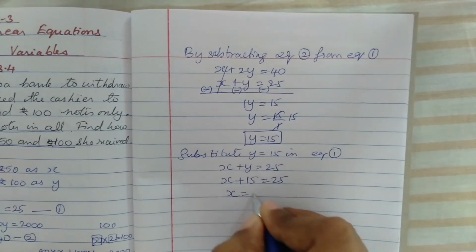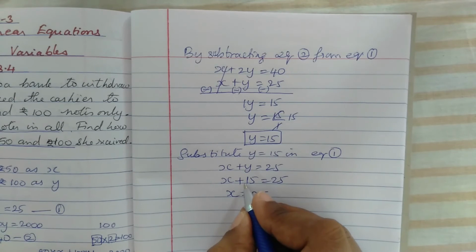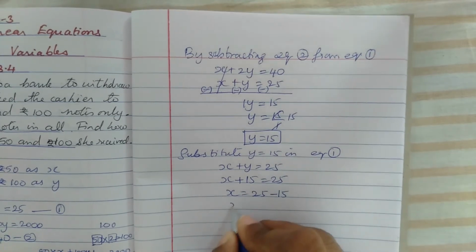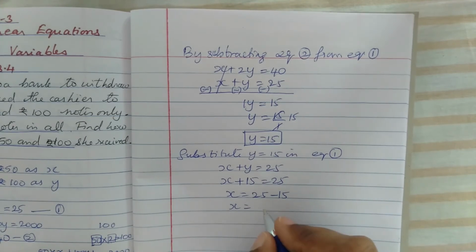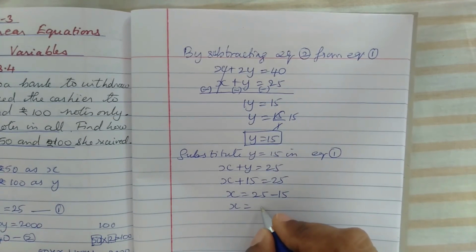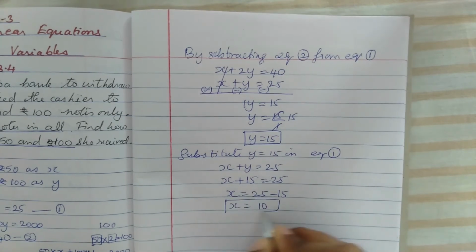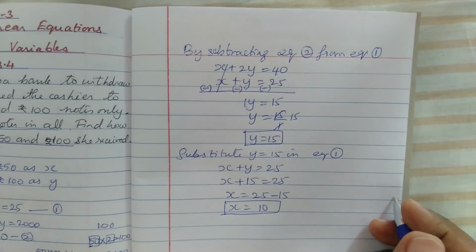Now X is equal to 25, and the plus 15 from the left hand side moves to the right hand side and becomes minus 15. X is equal to 25 minus 15, which is 10. This is your value for X.